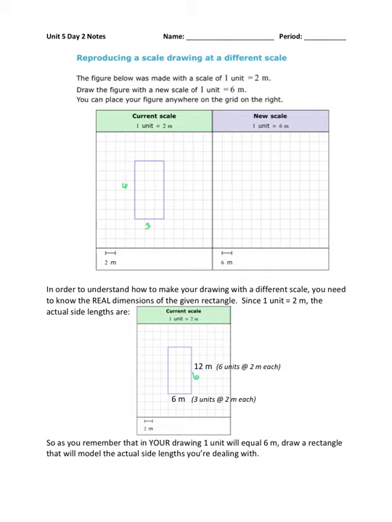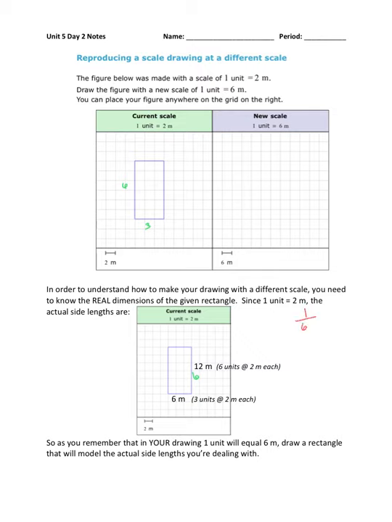Once you know the real measurements, this thing is actually 6 meters by 12 meters, then you can redraw this. So it's 6 meters by 12 meters. Let's play around a little bit. All right. So here's our new scale. Our new scale is 1 unit equals 6 meters.